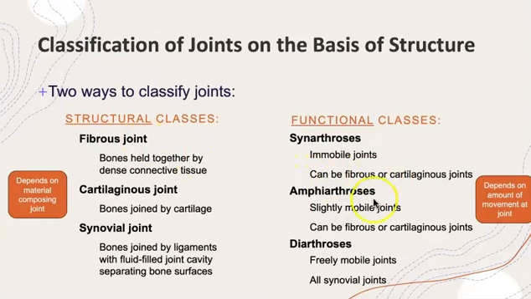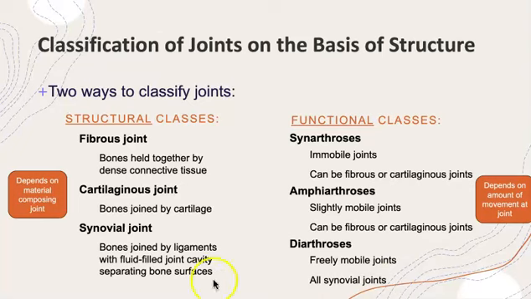Then in the middle, we have our amphiarthrosis joints. This means we just have a slightly mobile joint, and this could be, again, fibrous or cartilaginous. But if we have a functional classification of diarthroses, that means that this joint is freely movable, and this will consist of all of our synovial joints.